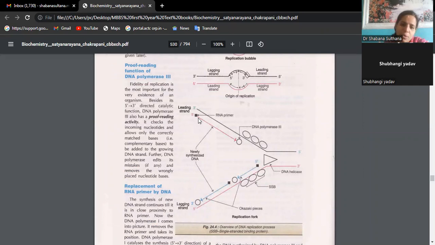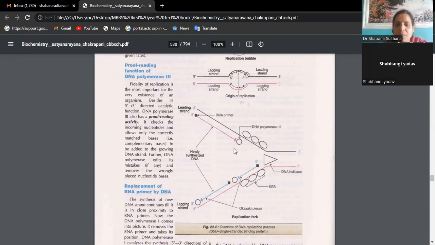So you will see the newly synthesized DNA will be coming in the form of pieces so that the replication mechanism is fast. Okay, the base pairing will be very fast and the daughter DNA is formed at a faster pace. So for which you will have pieces of strands of mini DNAs, which are nothing but called Okazaki pieces.